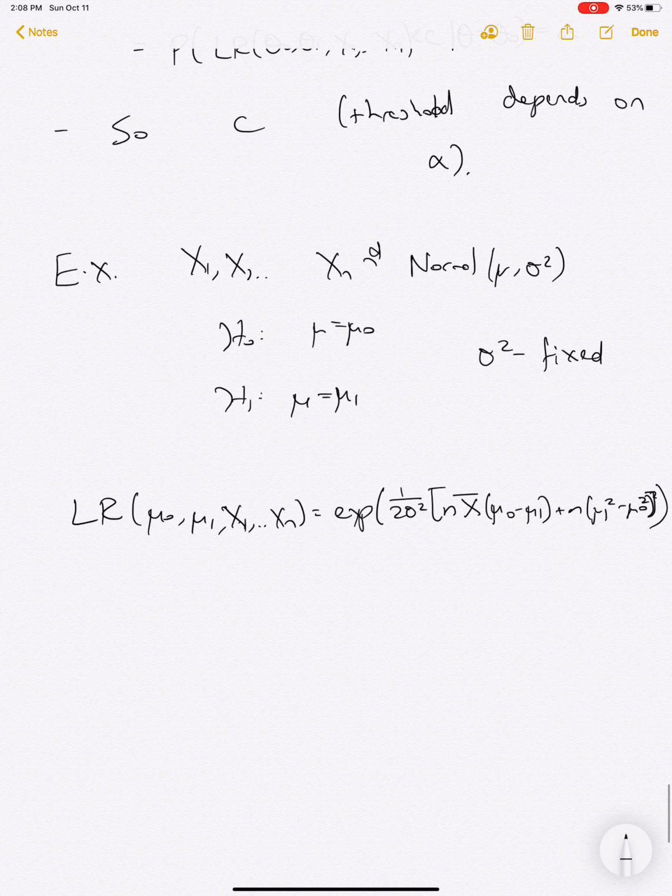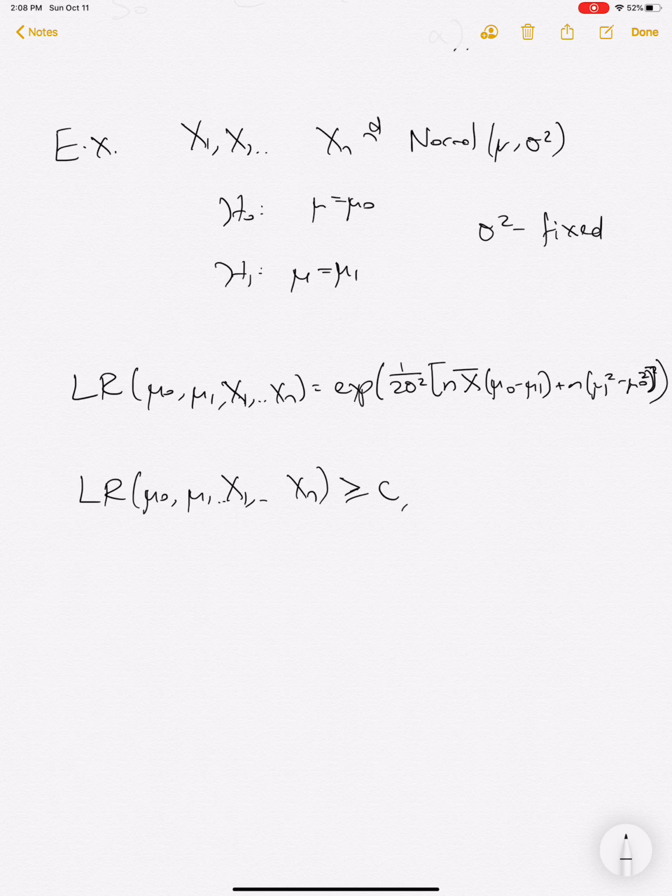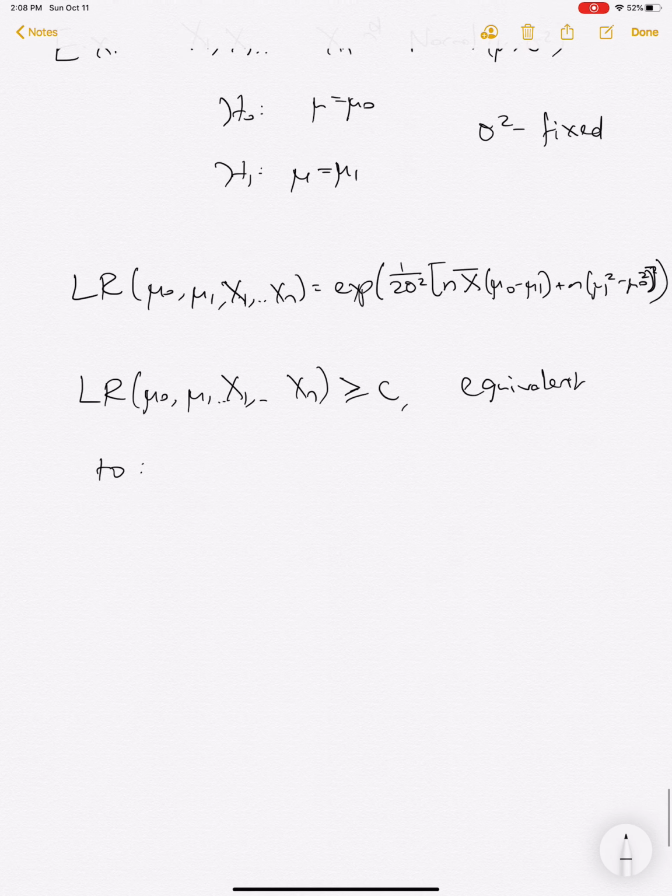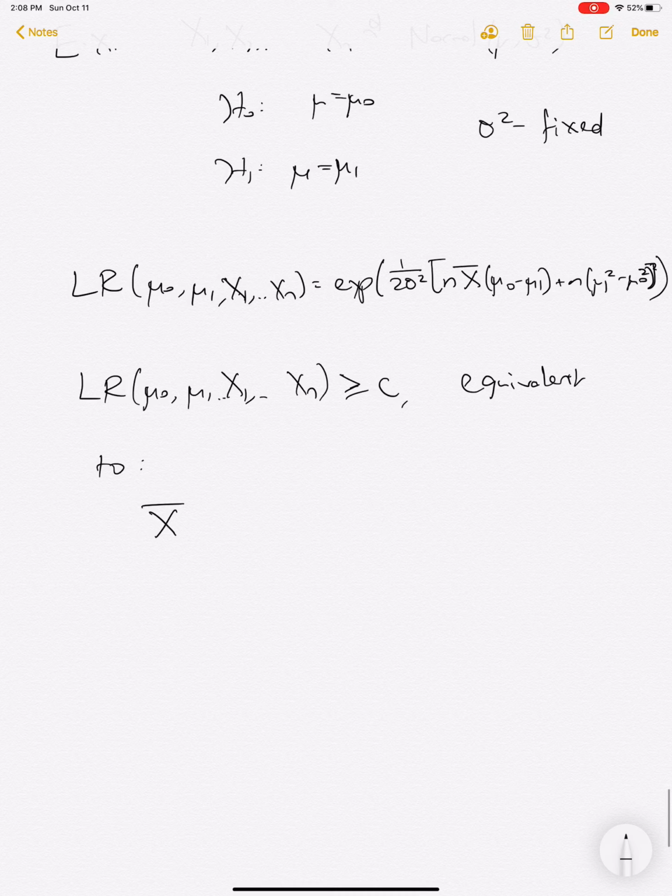And so one thing to note is that this quantity being bigger than or equal to C is equivalent to x bar times mu 0 minus mu 1 being bigger than or equal to some C tilde.